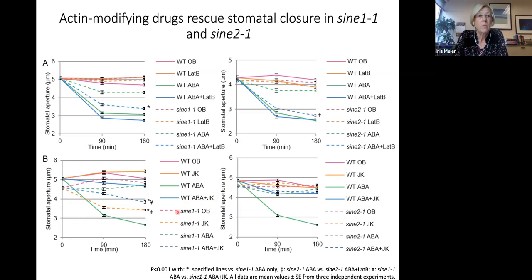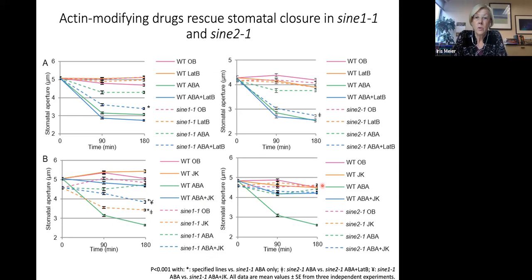The SINE1 mutant cannot close in the presence of ABA, the green dotted line. However, in the presence of ABA and JK, closing is induced, but interestingly, in the presence of JK alone, this mutant is now also closing. So actin stabilizing drugs in combination specifically with the SINE1-1 mutant leads to closure in the absence of ABA.